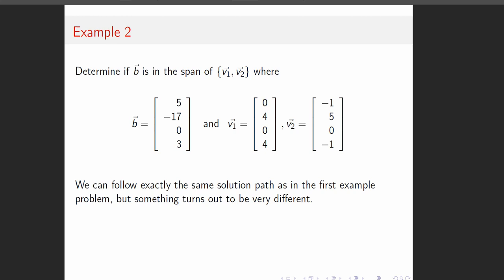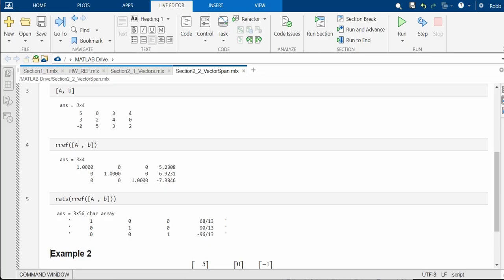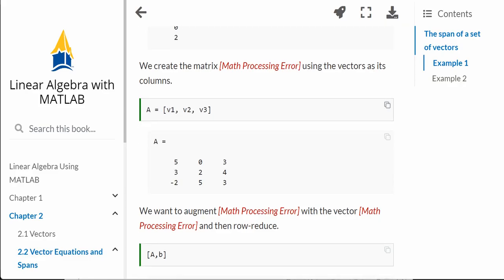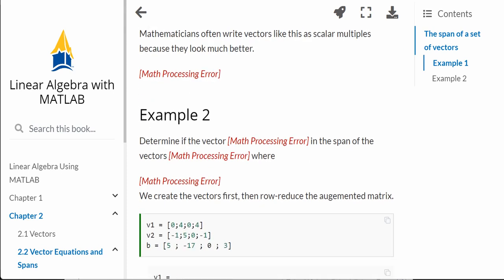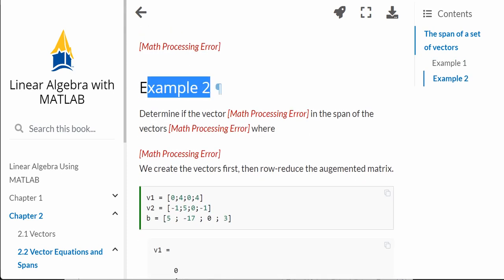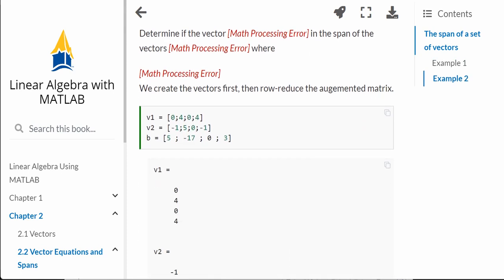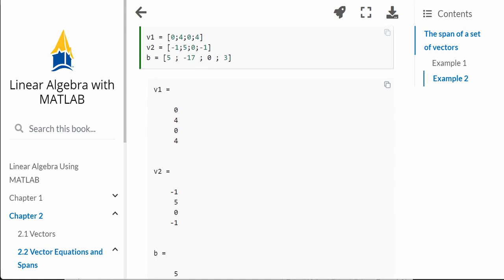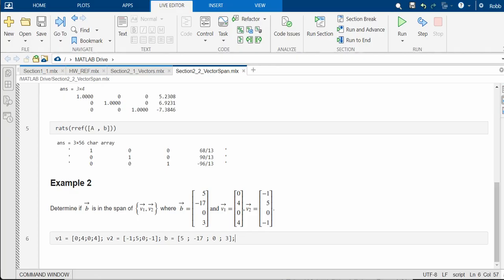Okay, so let's get back into MATLAB. All right, and so I have the whole problem shown right here. And again, these values come from example 2. You can just copy right here and get V1 and V2, which is what I've done.